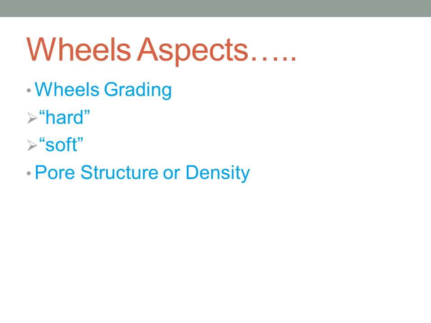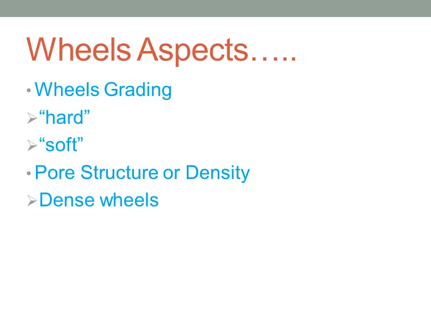Second on the list is pore structure or density. Wheel grading is their pore structure or density, which refers to the porosity between individual grains. This pore structure creates space between the grains that provides coolant retention and areas for chips to form.